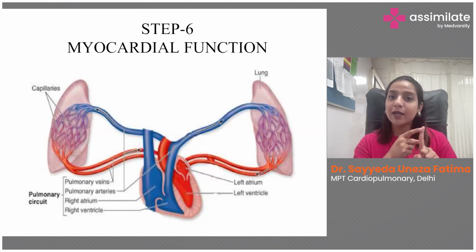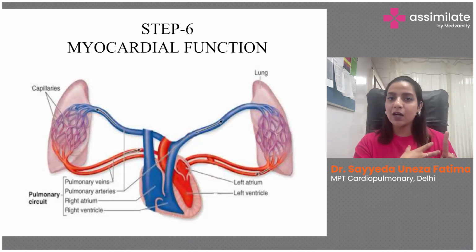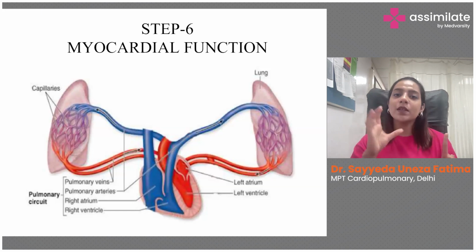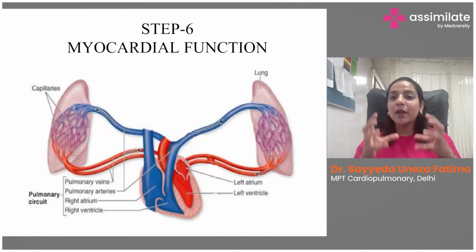Hypoxemic hypoxia happens when there is some problem in the transport of oxygen in the airway, in the lungs, or in the alveoli, or because of a defect in diffusion. The second type was anemic hypoxia, which happens because there is not enough hemoglobin to take up the oxygen. Now coming to circulatory hypoxia, which happens because of a problem in the heart.